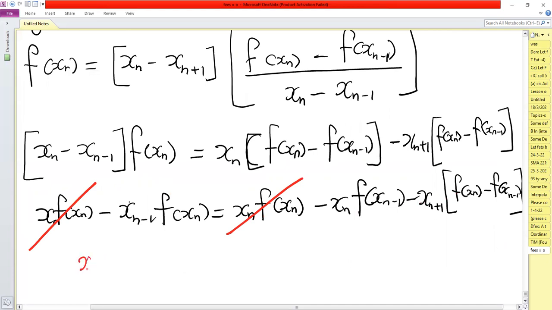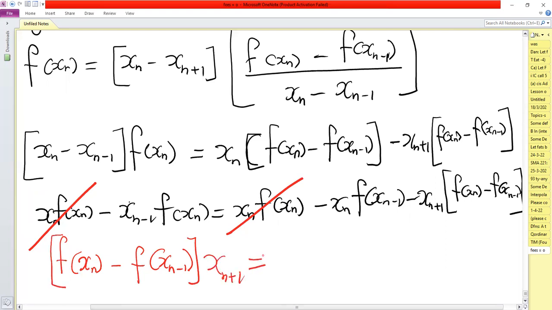So I'll have f of xn minus f of xn minus 1, and then xn plus 1 equals. So I've taken this to the left hand side, so I take this one to the right hand side, and I'll have xn minus 1 f of xn minus xn f of xn minus 1.